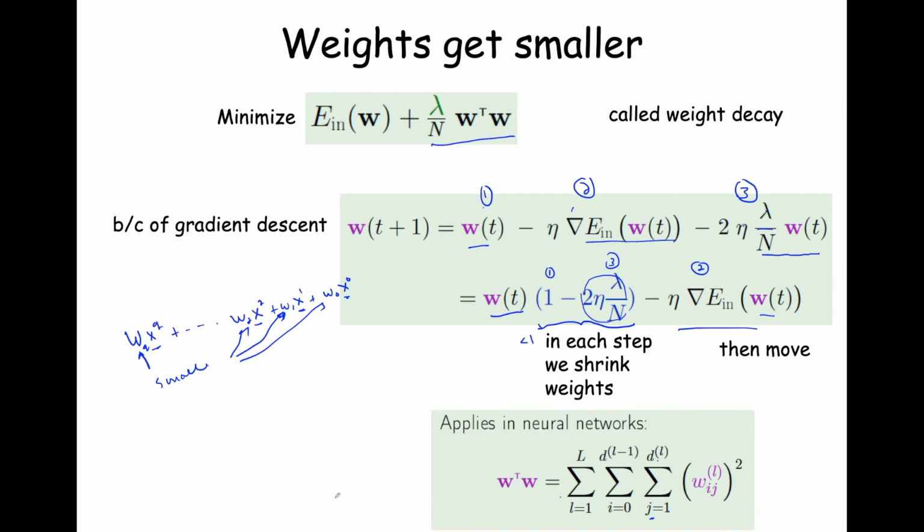That's the same as writing out all of your weights in one big vector for your neural network and just computing W transpose W. And so you can absolutely have this regularization penalty in neural networks.